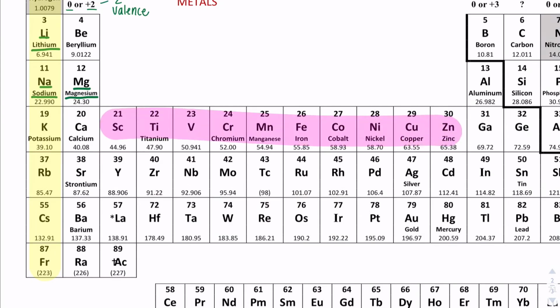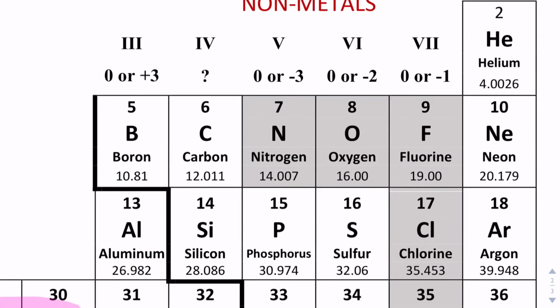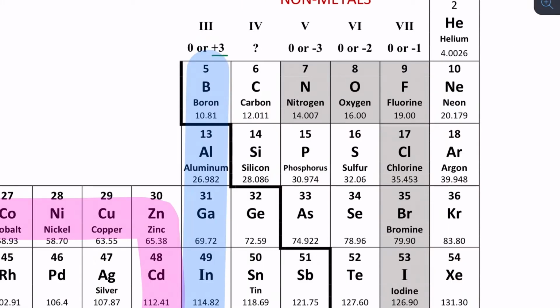This middle section doesn't have charges above it like the other columns do. This middle section is special. But if we go over to this side here, we'll see the charges continue at 0 or +3, and moving on from that, we can see here that the charge turns negative with a -3, but the valence is still 3.